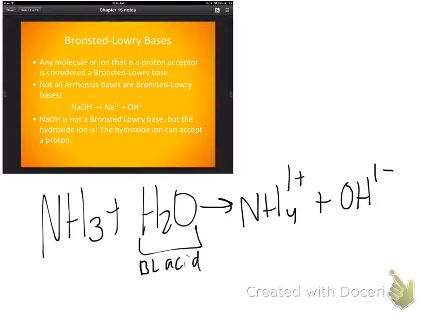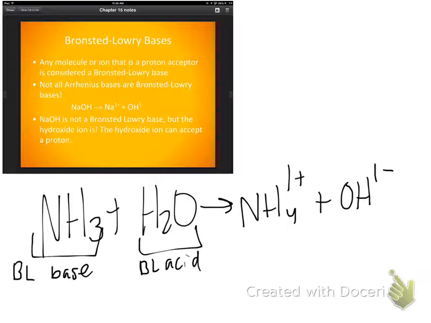The Bronsted-Lowry base is whatever accepts the proton. So ammonia, rather, is the Bl base. That's not so hard, is it? The substance that gives the gift of a proton is your acid. The substance that accepts the gift of a proton is your base.